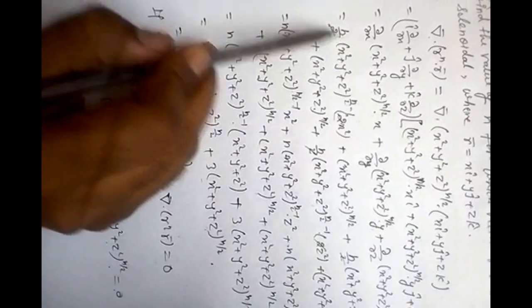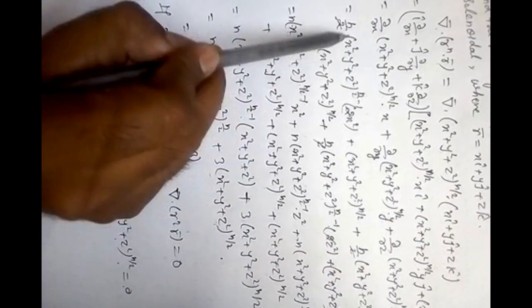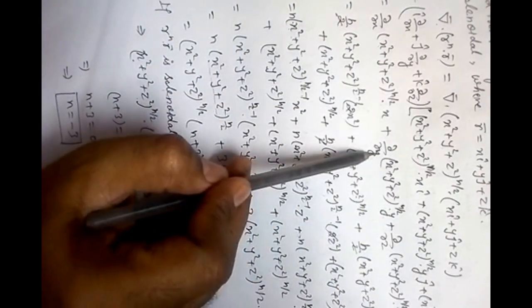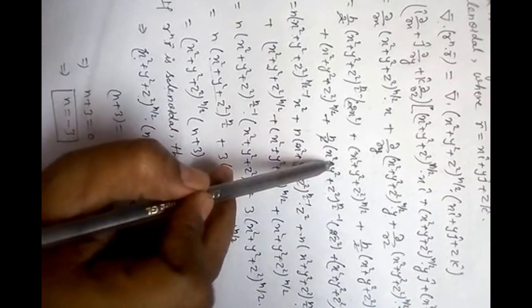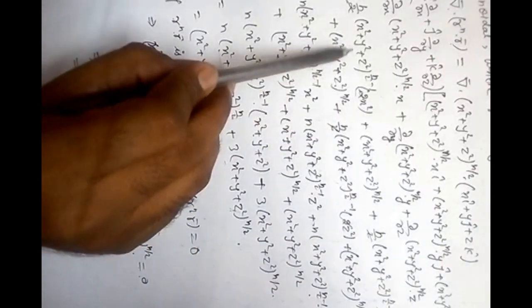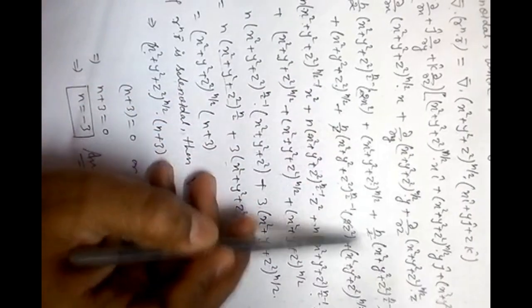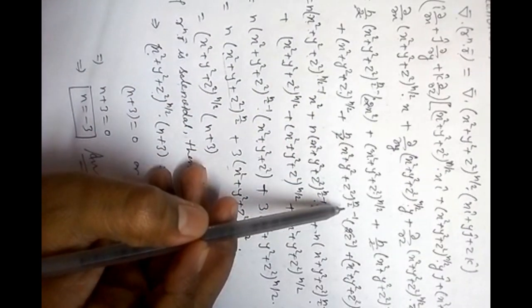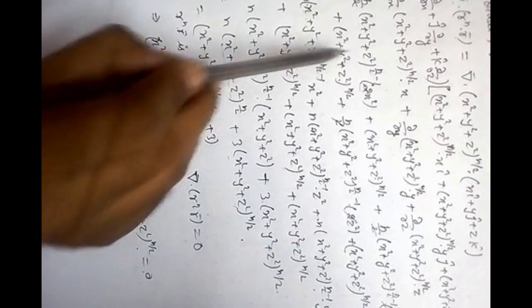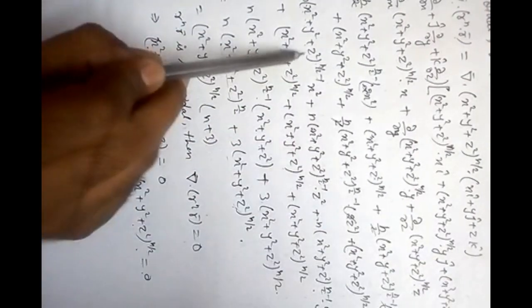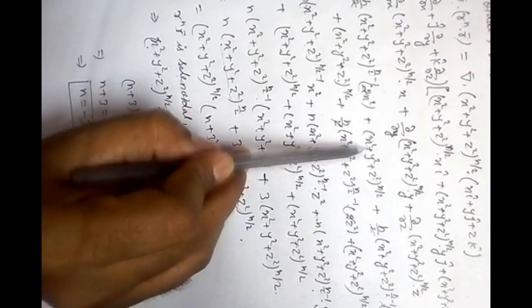Okay, so differentiating with respect to x, then we get this term. Differentiating with respect to y partially, then we get this term, and differentiating with respect to z partially, then we get this term. After solving, cancel out 2 and 2. Okay, so this term plus this term and this term.